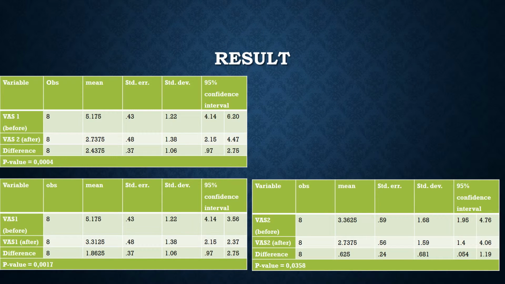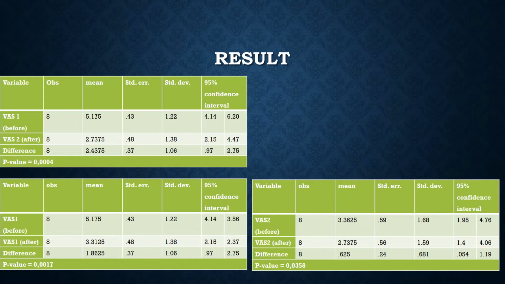As you can see on these tables, these study results showed a strong significant p-value of 0.0004 between VAS2 before and VAS2 after the treatment, with improved mean range by 2.4375.